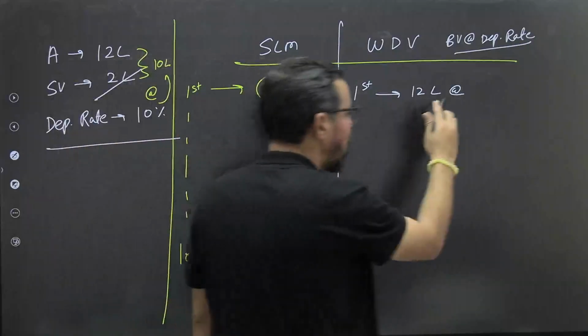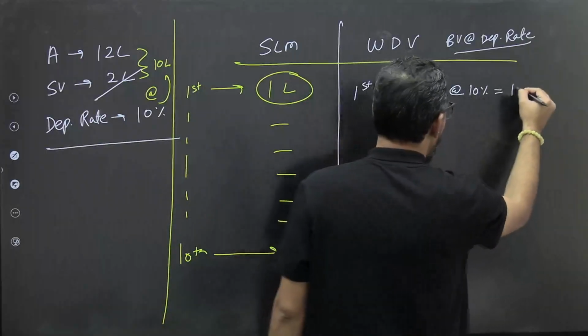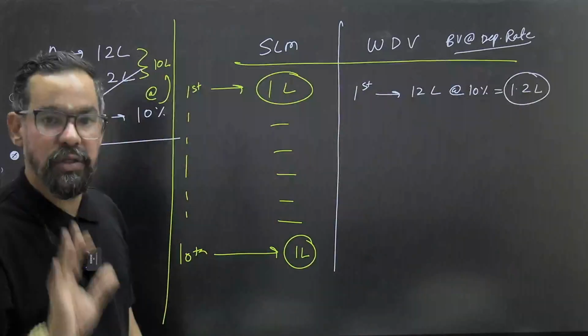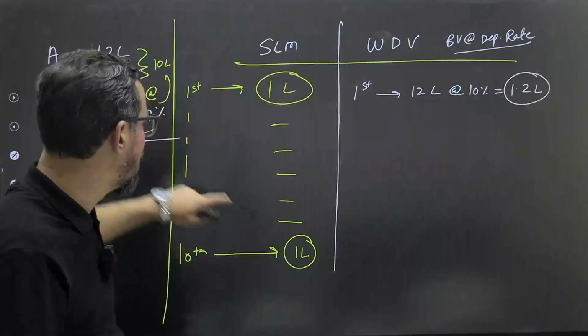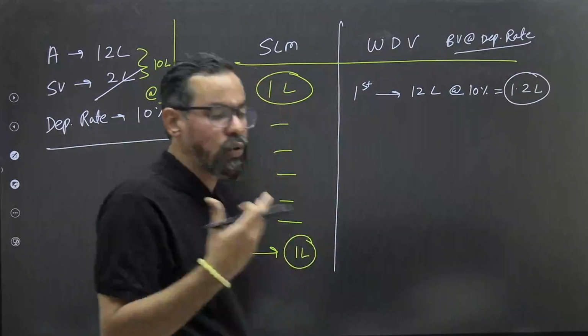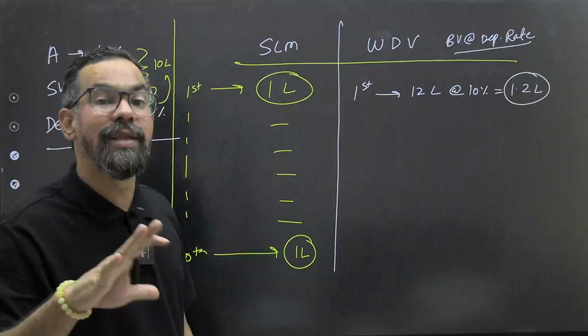So 12 lakh at the depreciation rate of 10% is equal to 1.2 lakh. So initially, the depreciation for the first year will be 1.2 lakh. Here it was 1 lakh. Now, every year you have to calculate the declining or diminishing balance of that particular asset.